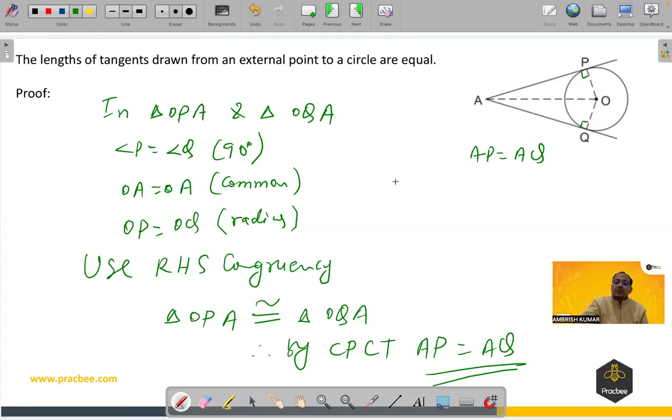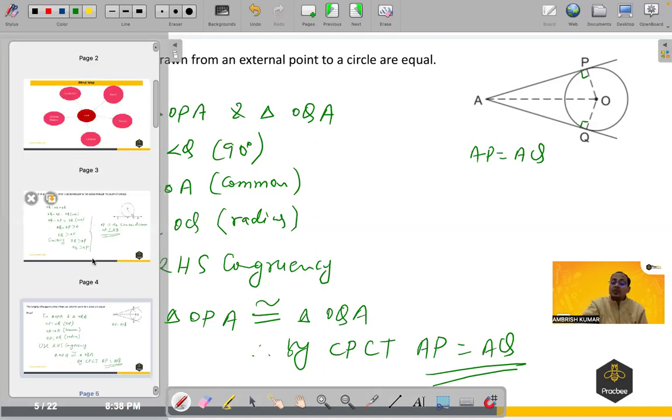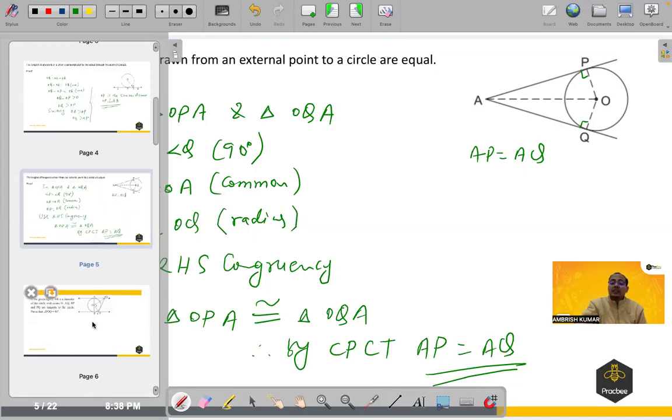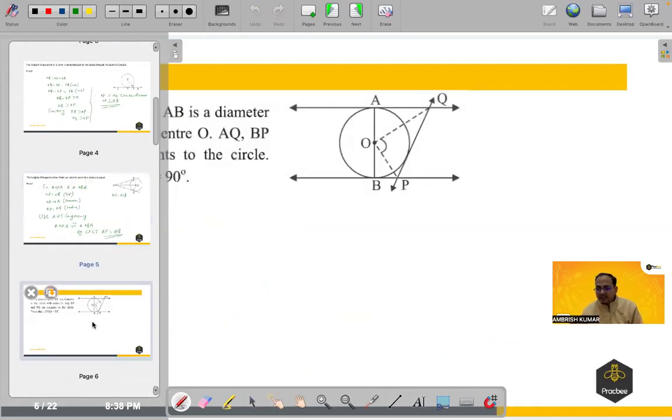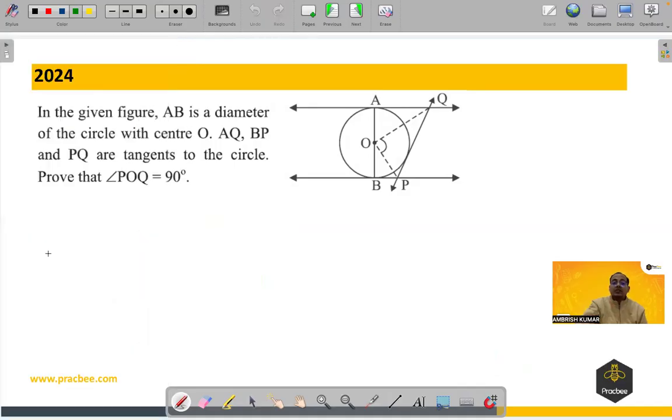So look, these are the important theorems, and we will be using only these two theorems and obviously the concepts from the previous classes and previous topics to solve the questions. So, coming to the first question, this was asked in 2024, means the last year, right?